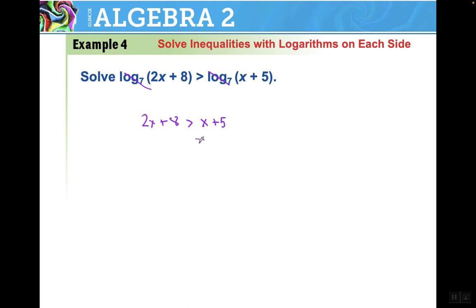I'll subtract an x. I'll subtract an 8. And I get x is greater than -3. And then you'll want to make sure it works. If I put a -3 in here, I get a positive out. So that should be your answer.